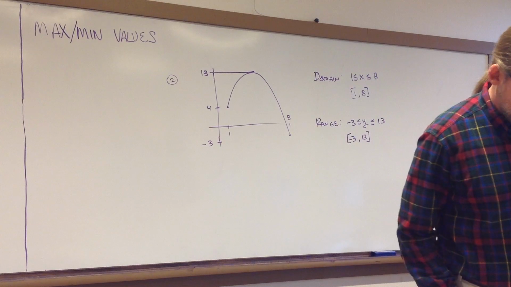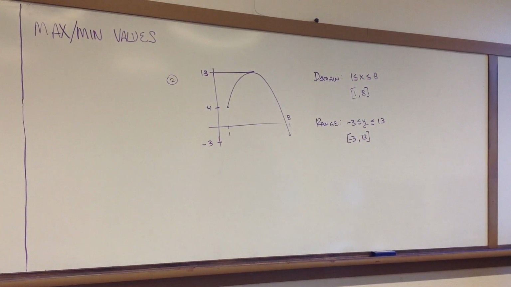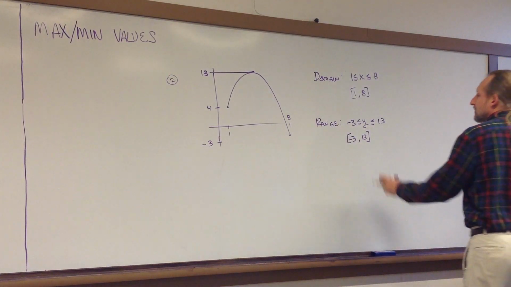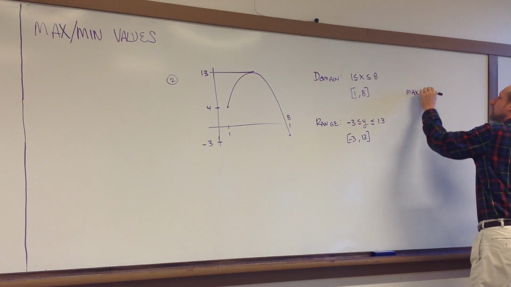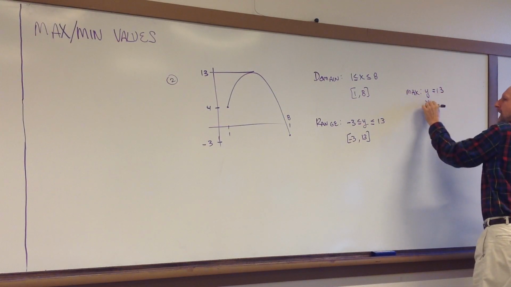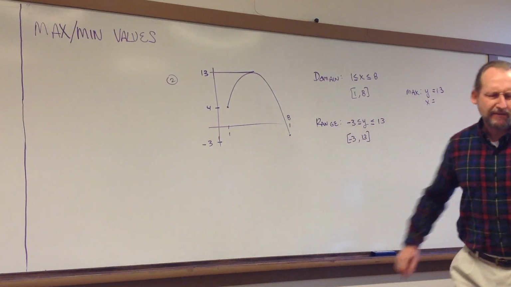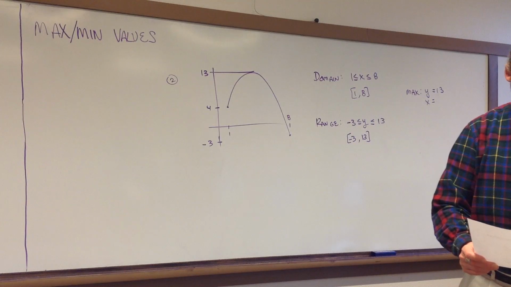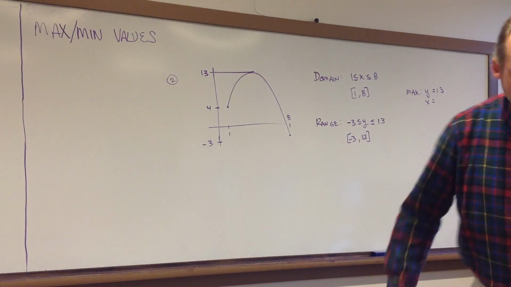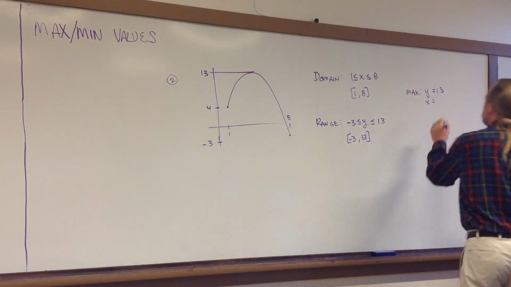All right, maximum and minimum values. Here, the maximum y value is 13. And that happens, do we have an x value for that? Where is that happening? I think we can call that 4. So some of this is an estimation.